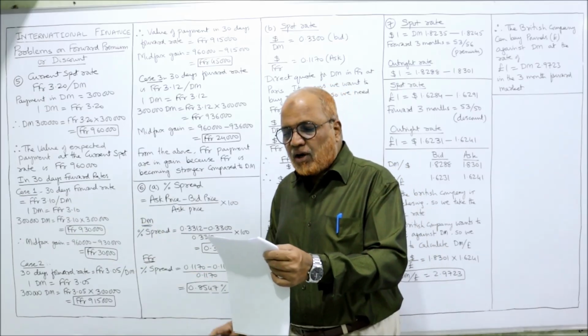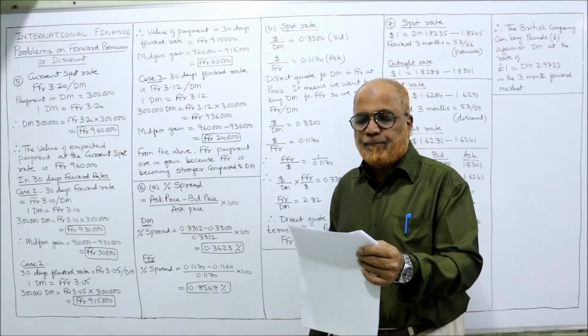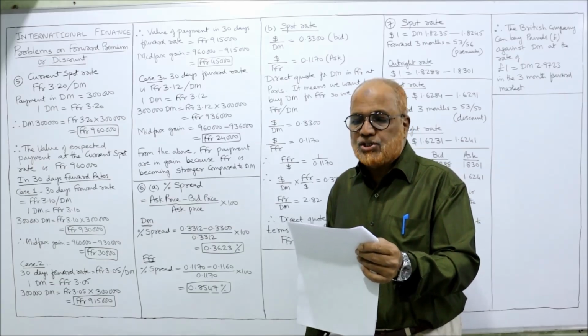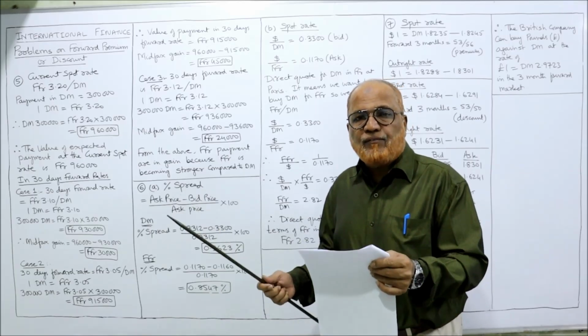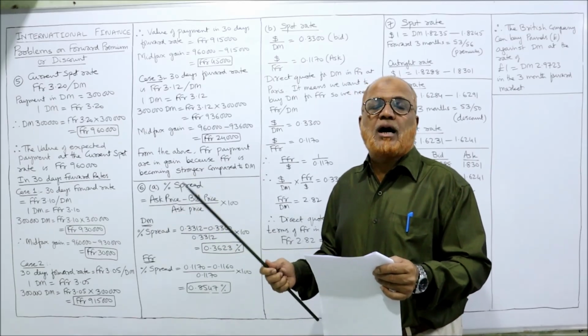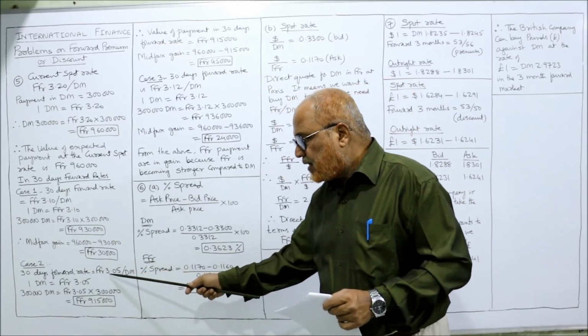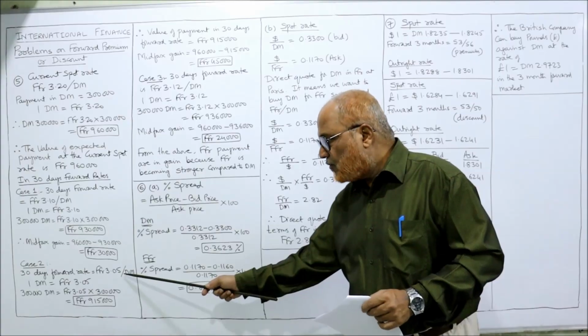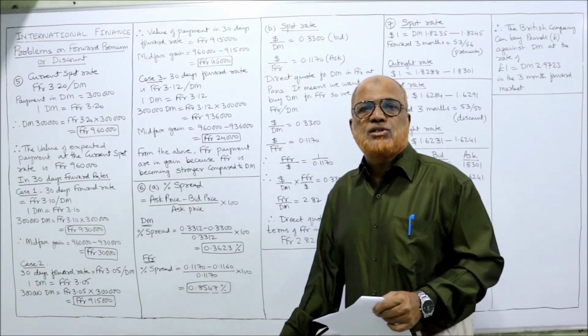Now second, what will Midfax have to pay if the spot rate in 30 days is FFR 3.05? Further it has reduced. That means the FFR is becoming stronger against DM. So case 2, the 30 days rate is FFR 3.05 per DM. That means 1 DM is equal to FFR 3.05.